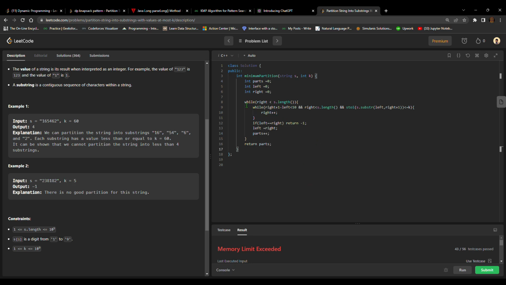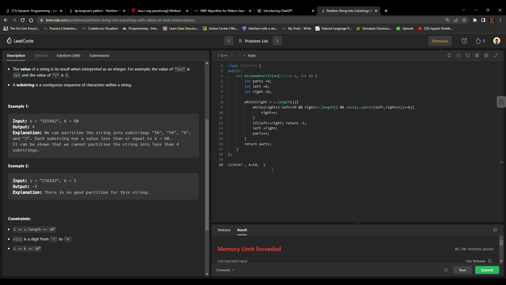In our while loop, we are just incrementing our right. For example, 1 2 3 4 5 6 7, and my k was 10. I said left equals 0, right equals 0. Increment the length of the substring as long as the number is less than k.